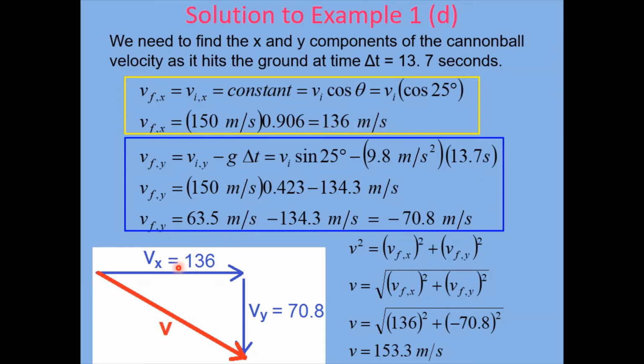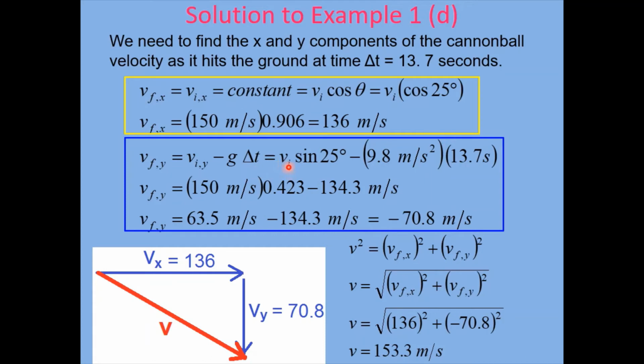So, we can start to construct a picture here. The cannonball is moving horizontally at 136 meters per second. Now our next task is to find out how fast the cannonball is moving downward in the vertical direction. To do this, let's use the equation final y velocity is equal to initial y velocity minus g delta t. We know all these numbers here.